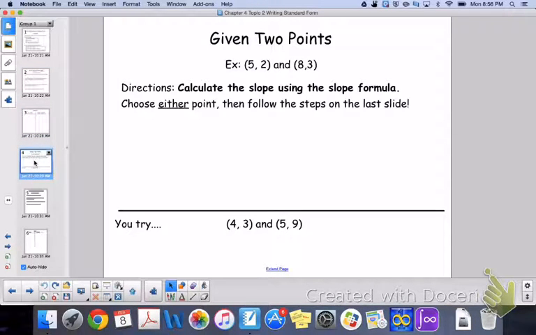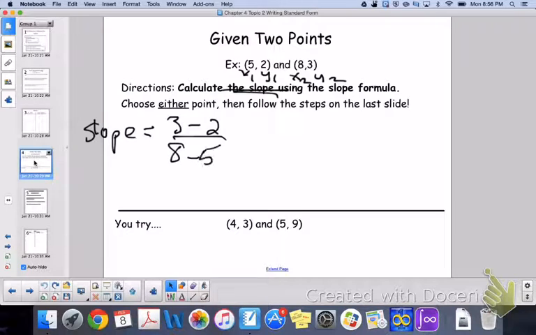Now, we have given 2 points. When we're given 2 points, just like we learned in the last topic, you first need to calculate the slope, okay? So there's your x1, y1, x2, and y2. Our slope is y2 minus y1 over x2 minus x1.